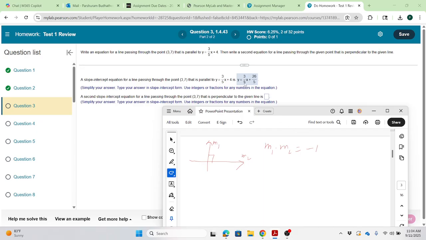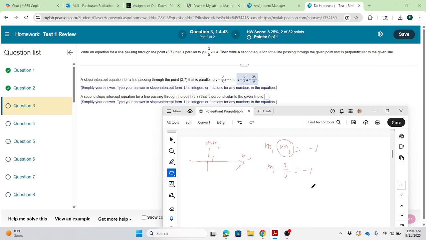In this case, the line we're trying to find would be perpendicular to this line. So let's say the slope of that line, which we don't know, is m1, and m2 is the slope of the given line, which is 3 over 5.